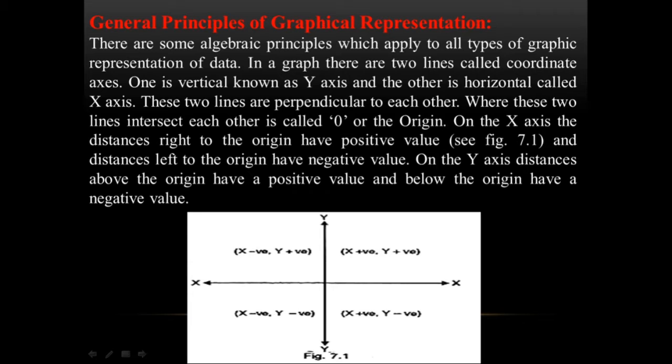On the y-axis, distances above the origin have a positive value, and below the origin have a negative value. See, this is the negative value of y, here is the positive value of y, here is the positive value of x, and now this is the negative value of x.